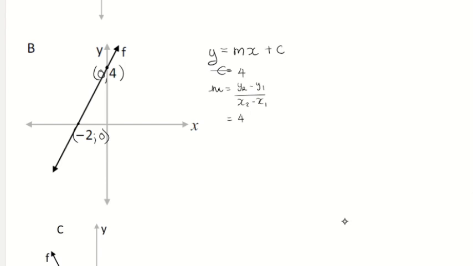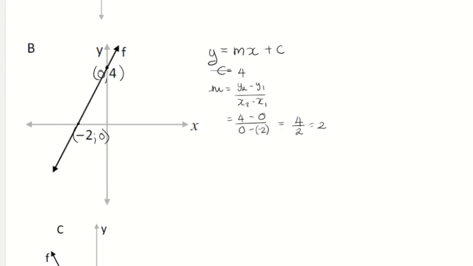Minus y1, 0. Over 0 minus negative 2. Alright, and a double minus, or a negative multiplied with a negative, becomes a positive. So let's simplify that. That becomes 4 over 2. And that one is going to be 2.